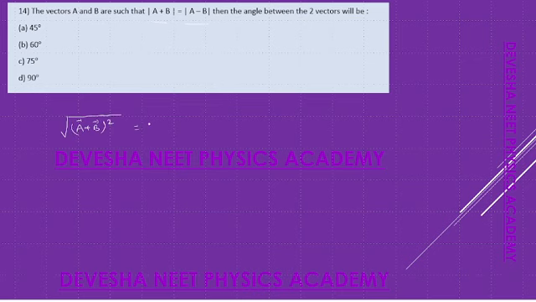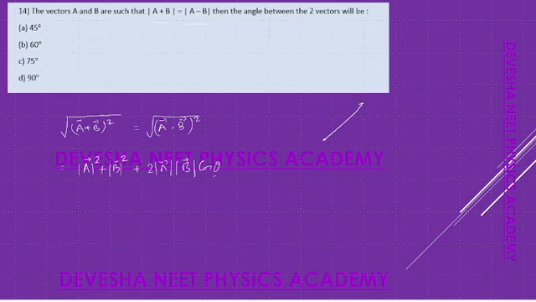Given that, the square of the modulus of a plus b equals the square of the modulus of a minus b. So it means a square plus b square plus 2ab cos theta, where theta is the angle between a and b.